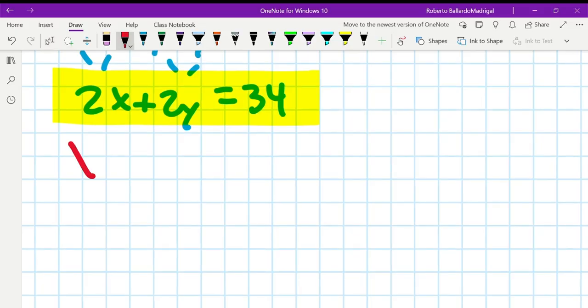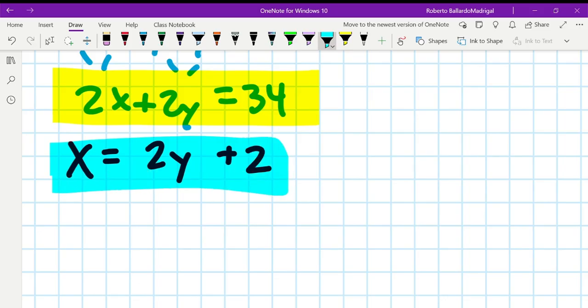So the length, which is x, if it's 2 inches more, is that times 2 or plus 2? Plus 2. So it's something plus 2. 2 inches more than twice the width. Twice, if it's 2 times, is that? There you go, 2y. And this is from the second equation.